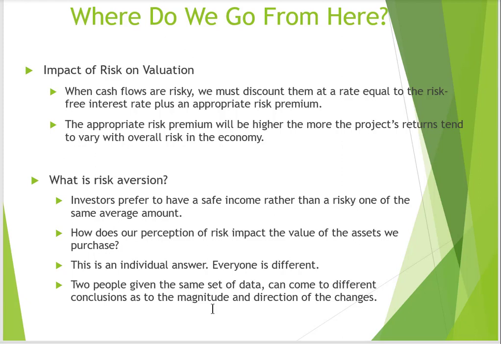And this answer is individual. It's different for every single person. Two people with the exact same set of data can come to different conclusions as to the magnitude and the direction of the changes, the values, everything. So risk aversion talks about the person making the decision and their preferences and understanding of risk.